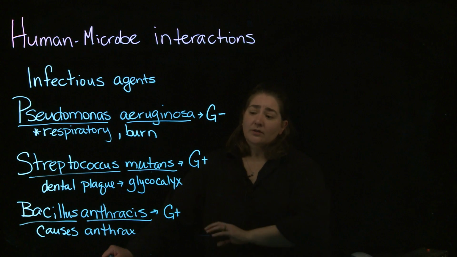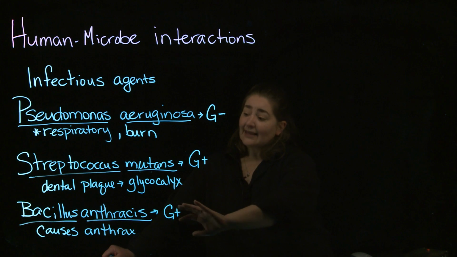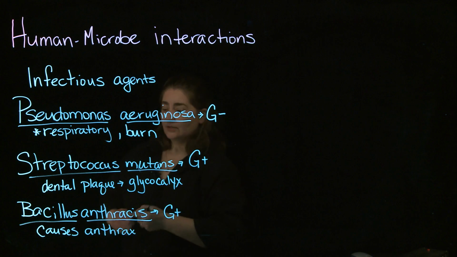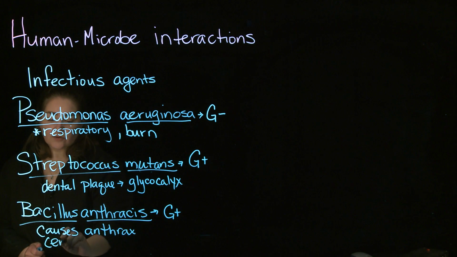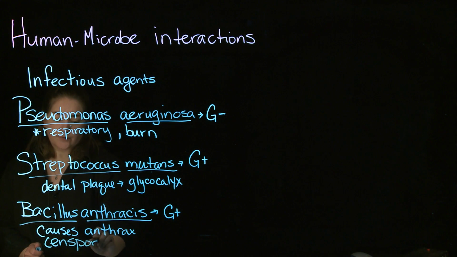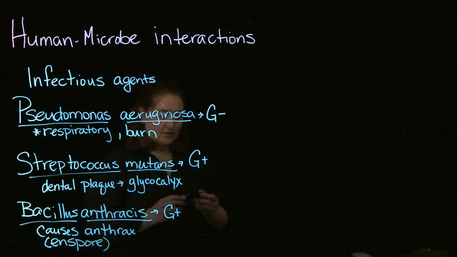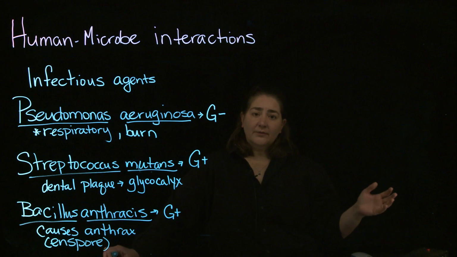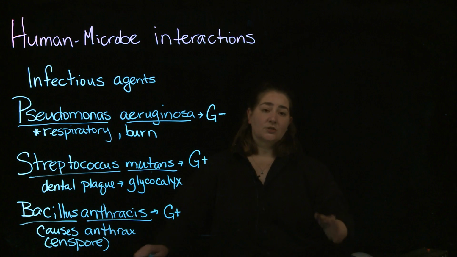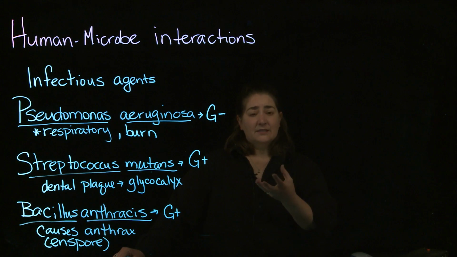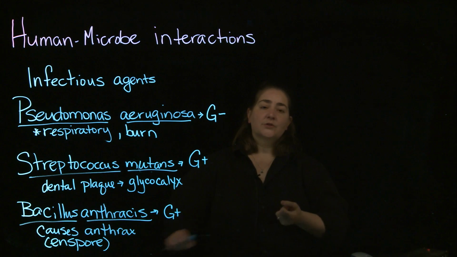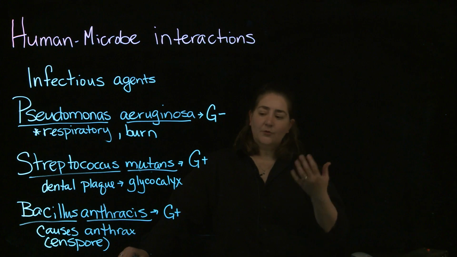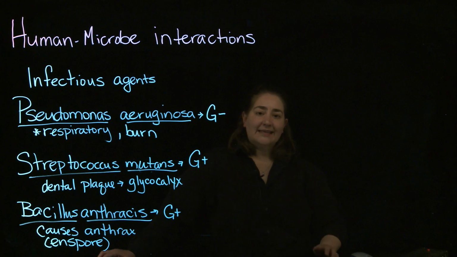The way that works, Bacillus anthracis forms an endospore. That endospore allows the survival of that particular bacteria over long periods of time. So it could be put into a letter because it's a spore form, and when the person opens the letter, it releases the spores, the person inhales the spores, and they could contract anthrax.